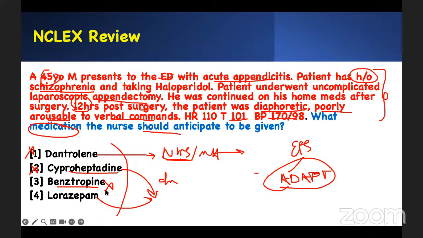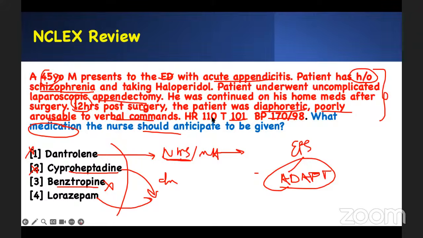What is the problem? What condition gives you that? After you have surgery, you have what? And it's 12 hours. You came to the hospital, 12 hours. You've been in the hospital 12 hours, all of a sudden, tachycardia, hypertension, low-grade fever, diaphoretic, change in mental status.